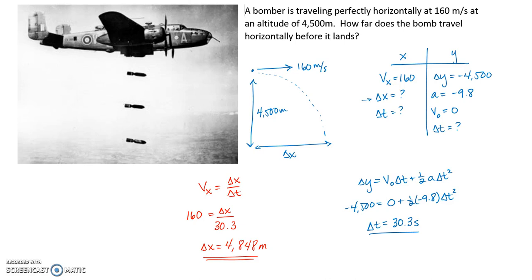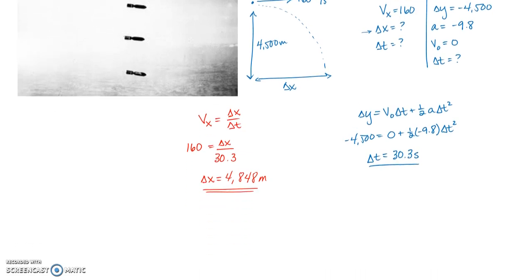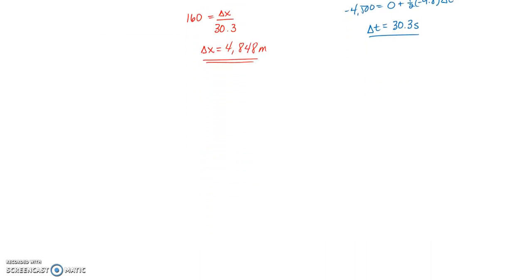Some other conceptual questions that you should be aware of is, where's the bomber when the bomb actually hits the ground? So here's the bomb, and it's going to move like this, and it will hit the ground here. Well, the bomber has the exact same horizontal velocity.